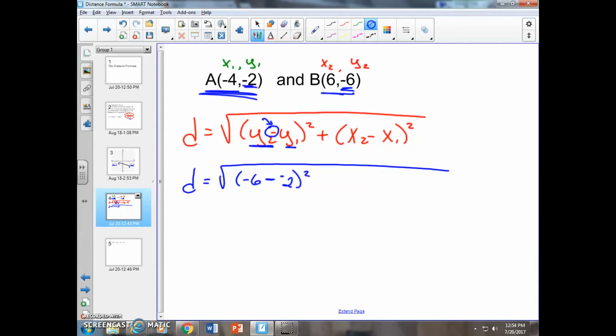I'll close parentheses and square that, plus, open parentheses again, we're going to take the second value of x, which is 6, minus again, because the formula has a subtraction in it. And then the first value of x is -4, so we're going to put -4, parentheses squared.